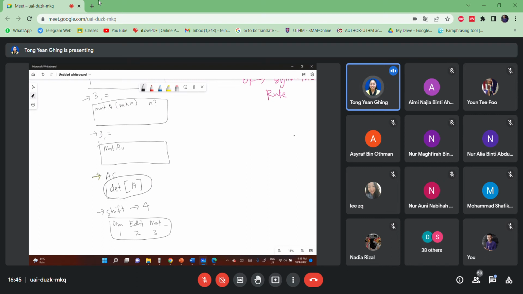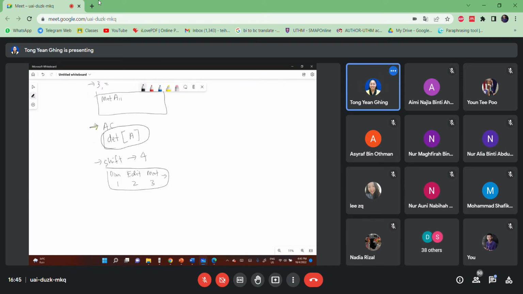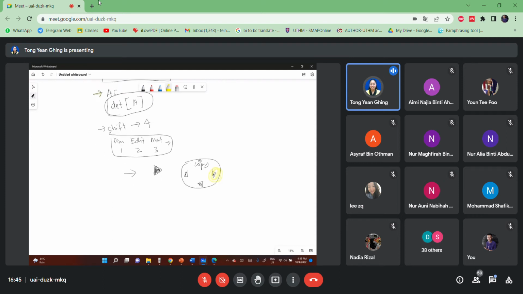Now if you look at the right side, there is still some value. So you press the button to the right, and it will come out with Dim, Edit, Mat, Det, Trn, and so on.